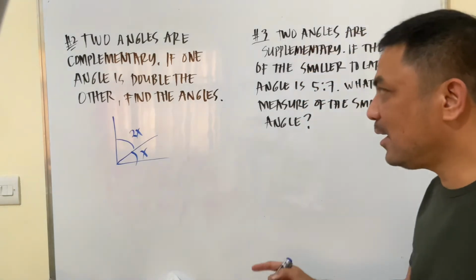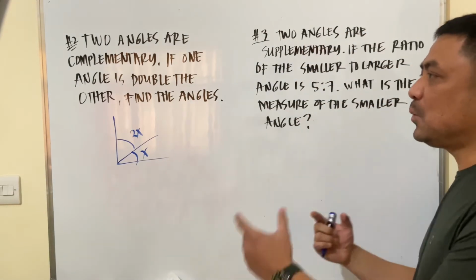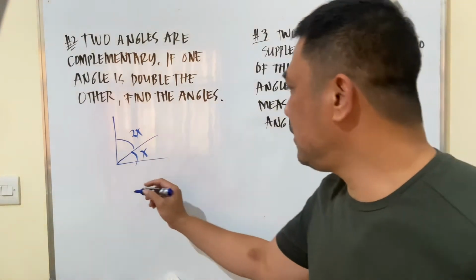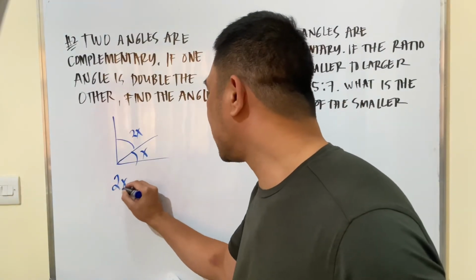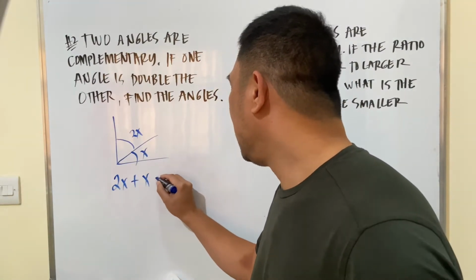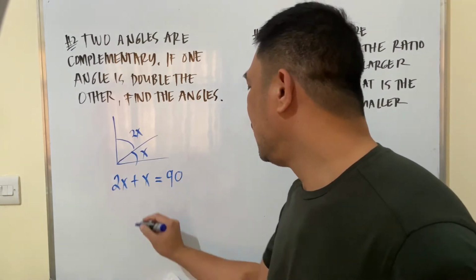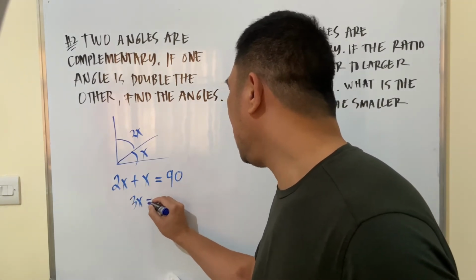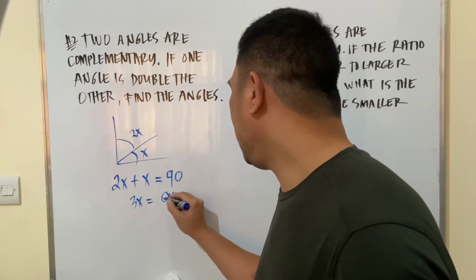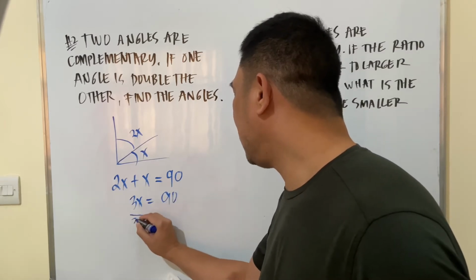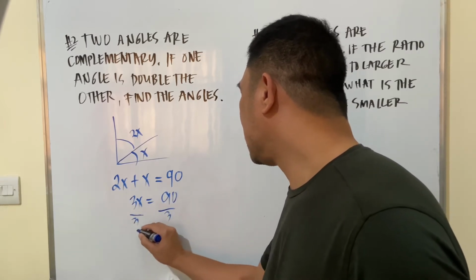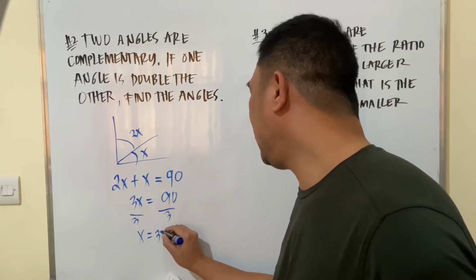So complementary angles must sum to 90 degrees, so that means 2x plus x is equal to 90 degrees. So 3x is equal to 90. Divide both sides by 3, so x then will be equal to 30.